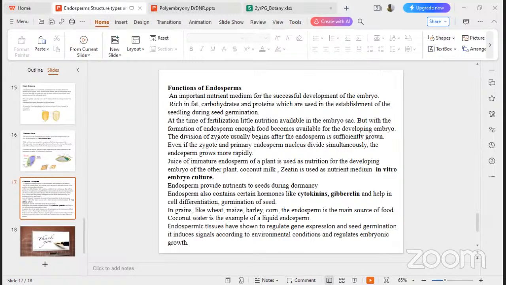You see so many reasons for this development of the endosperm: double fertilization, and then the syncytial stage, that means pre-nuclear stage endosperm, as in coconut milk, and cellularization, as in maize and other ruminate endosperms, and nutrient accumulation is taking place in the endosperm. All the endosperm will be fully loaded with nutrients so that it will be useful for the developing embryo and also the seedling. And it also regulates the genes and hormones.